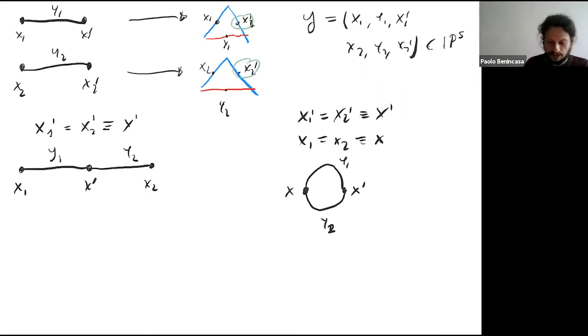Okay. So if I intersect in that vertex, I obtain something one dimension less, so it lives in P4.